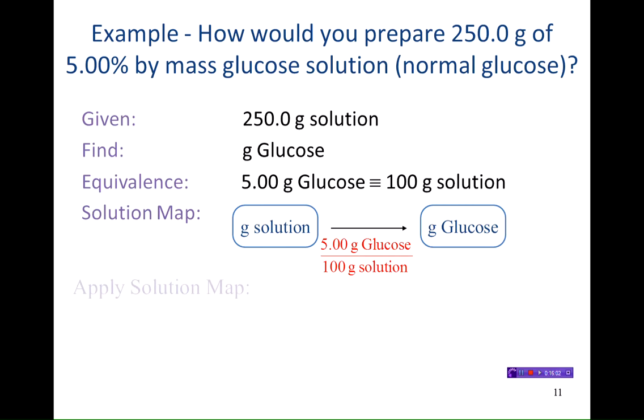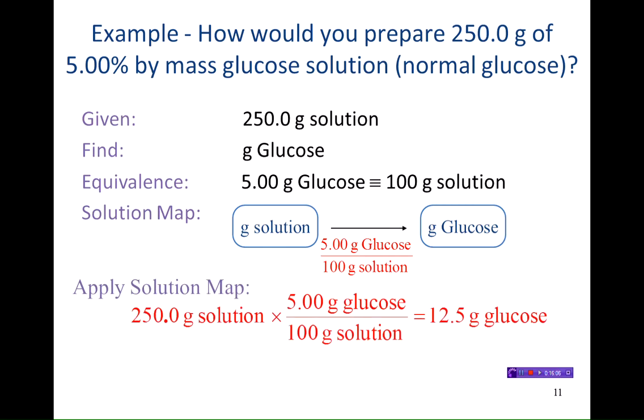So we're going to apply our solution map. We start off with our 250 grams, and then we use our concentration: 5 grams of glucose per every 100 grams of solution, because remember, that came from the concentration. So grams of solution cancel out, which leaves us with units of glucose. So 250 times 5 divided by 100 gives us 12.5 grams of glucose.